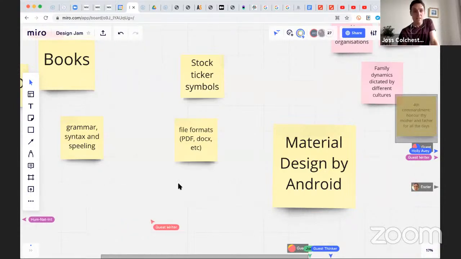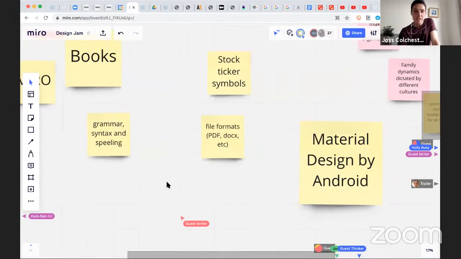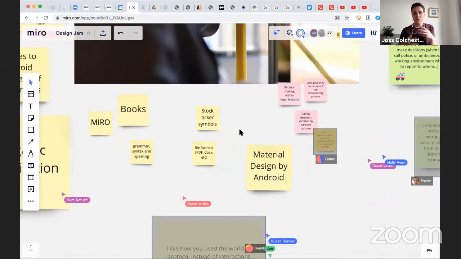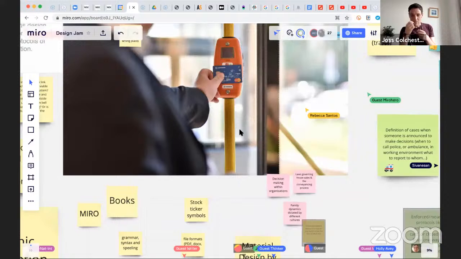Grammar, syntax. Yeah, ultimately it's how everything is going to interact with everything else, isn't it? Grammar and syntax, the way language is a protocol, isn't it? And it's the way that we interact with each other. Without that, we'd be going absolutely nowhere. It's the way all these parts are going to interoperate in some way.